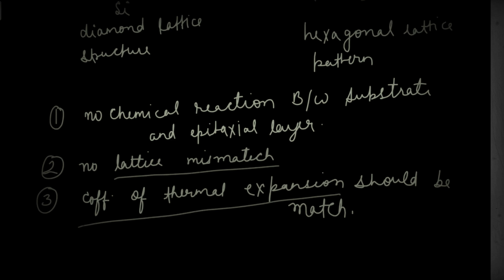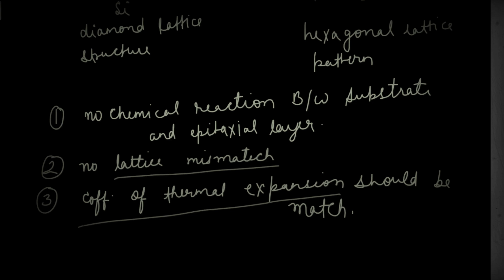When there is a lattice mismatch, there will be a lot of strain in the epitaxial layer. Up to a certain thickness, this strain can be tolerated. Beyond that, it is not allowed.